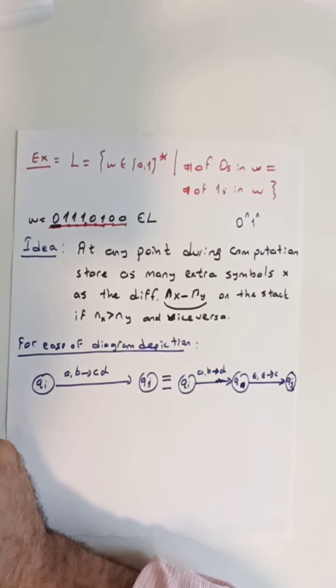And if we see a new 0 in the input tape, we can easily increase the difference to 5 by simply pushing a 0 on the stack.